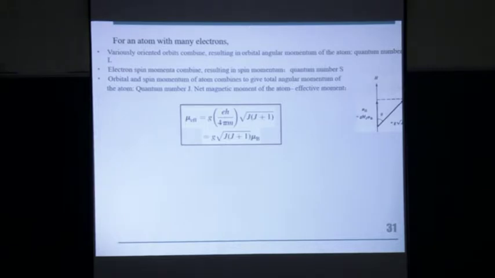And you find basically that the effective magnetic moment of an atom is given by g into square root of J into J plus 1, multiplied by the Bohr magneton. So now here you can see that the atomic magnetic moment is quantized because these are discrete numbers. Okay, so now we move further.